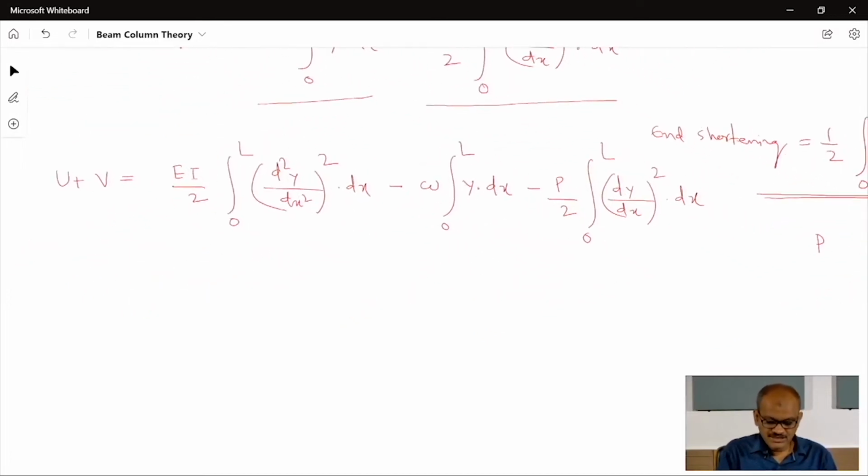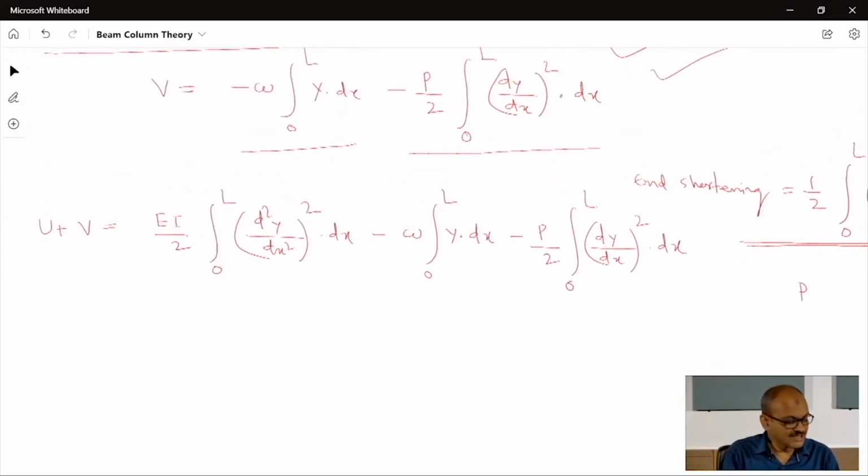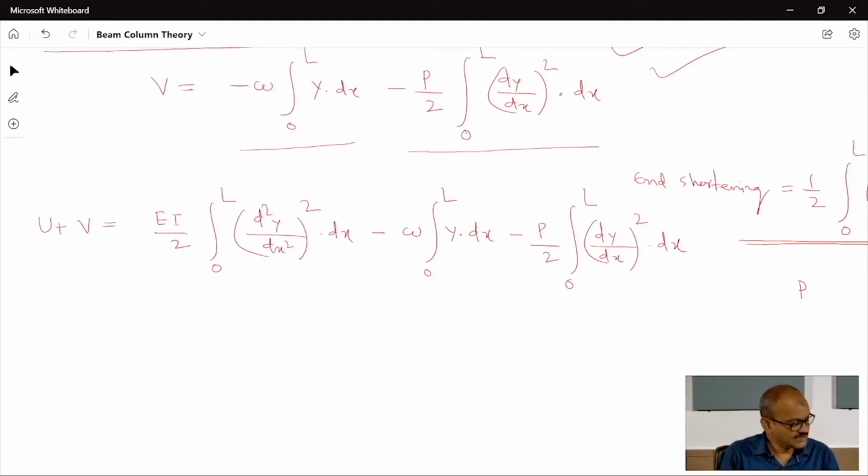So, this is the expression of the total potential energy. Now, in the Rayleigh-Ritz method, we have to minimize the total potential energy, and we have to assume a shape function. That assumption will be done as per the boundary condition. This is a simply supported beam.